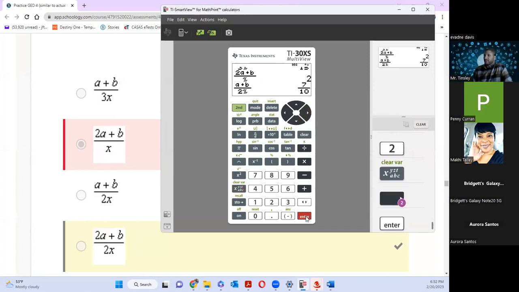Did I get 1? No. Let's go to my last one just to prove it to you. 2A plus B, all over 2X. Did I get 1? There it is. Yep. There you go.